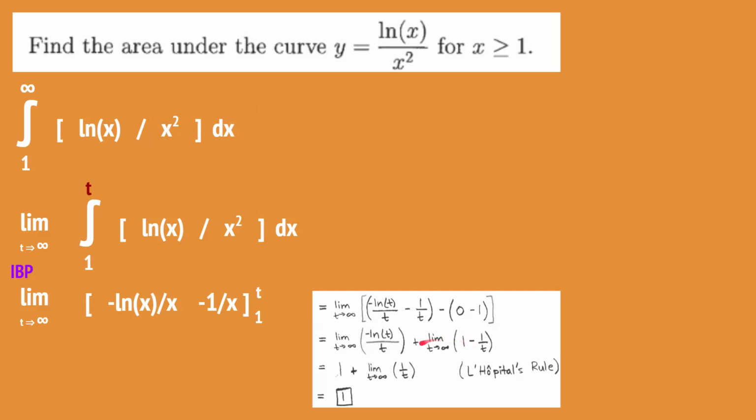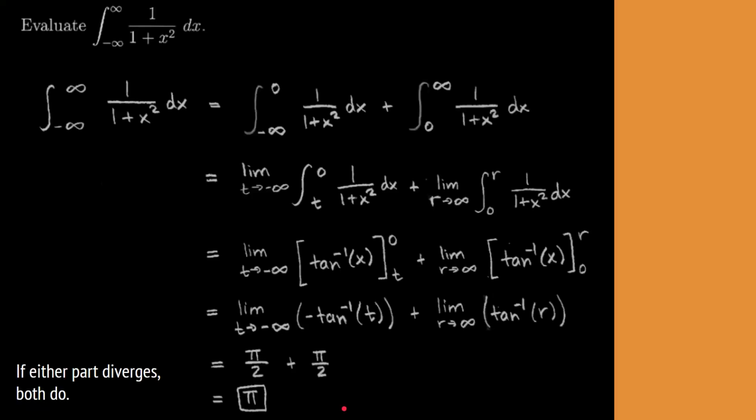We would end up with just 1 over t after that, and we do L'Hopital's rule, derivative of the top and the bottom. You do that, and like I said, 1 over infinity is going to be 0, so 1 plus 0, 1. Sorry that went kind of fast, but it's supposed to be Calc 2 quick.